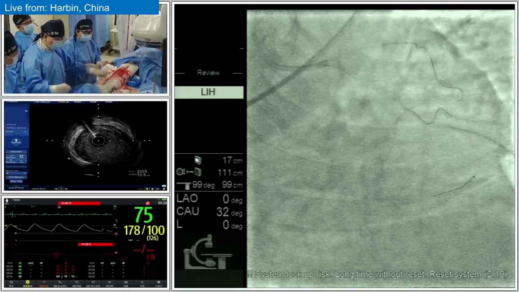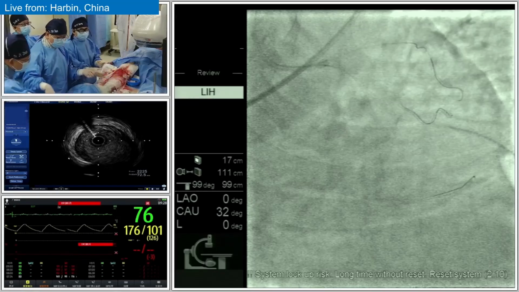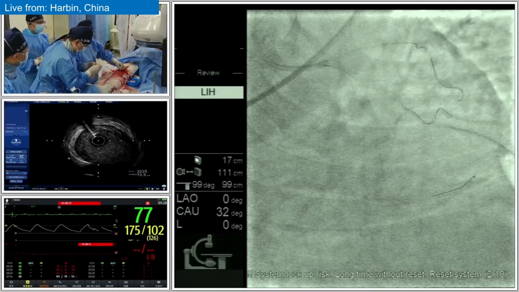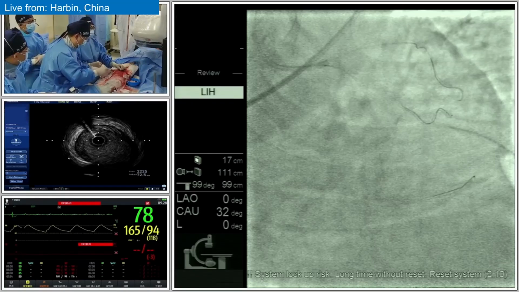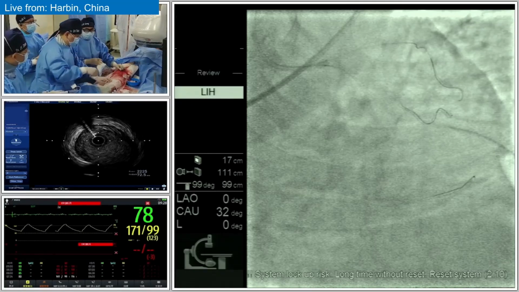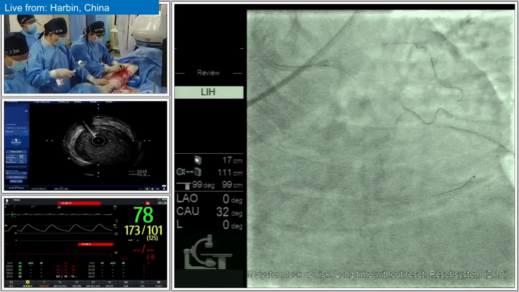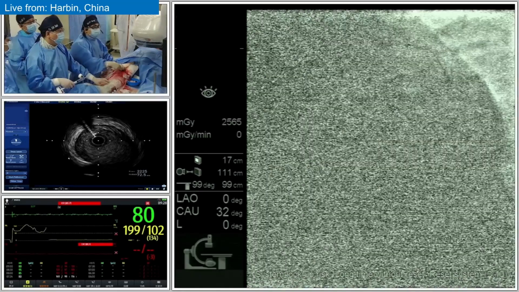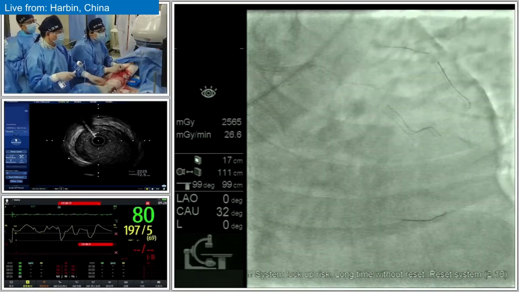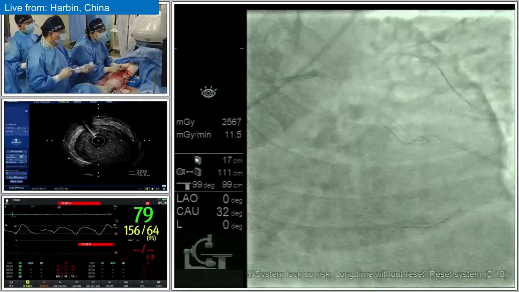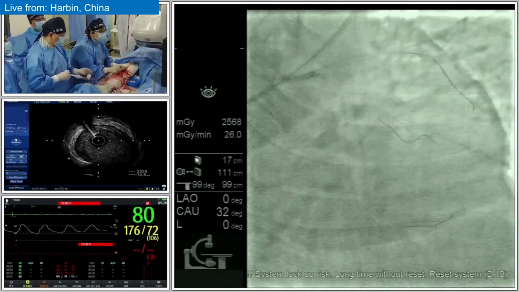In fact, the cutting balloon and the scoring balloon have the same efficiency to pre-dilate the fibrous plaque lesion. So either of these two tools will be fine for this lesion. It's just a personal preference. You may have more experience with the use of the cutting balloon.